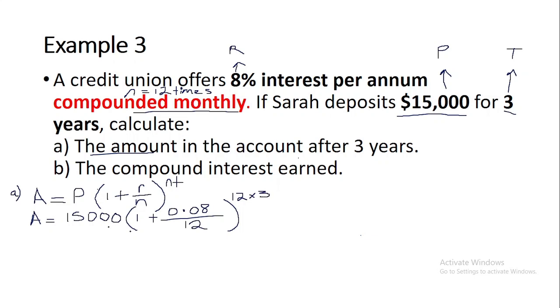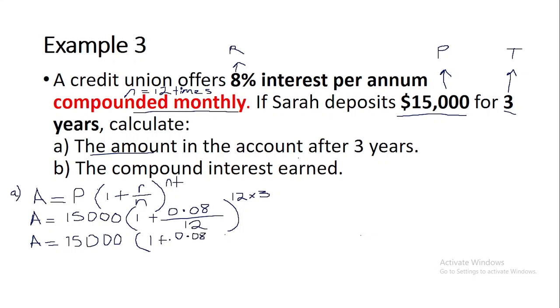That being said, A is now going to be equal to 15,000 times 1 plus 0.08 over 12.